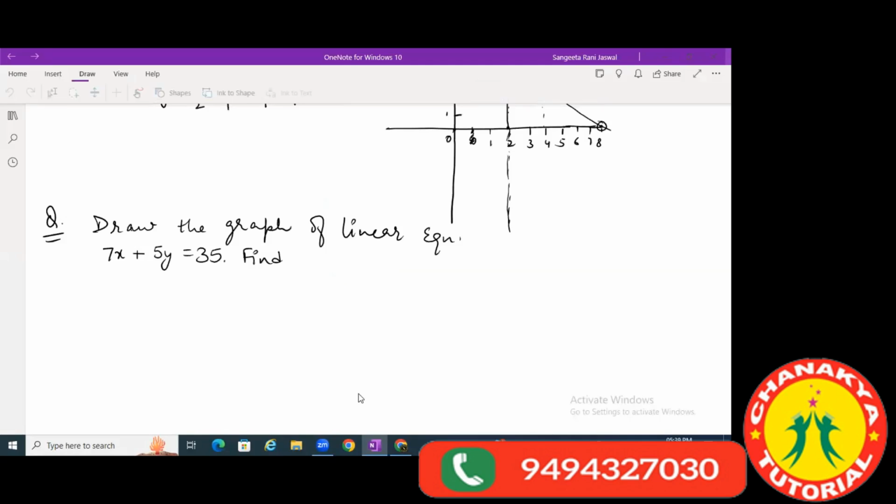Find the graph of the linear equation 7x plus 5y equals 35.